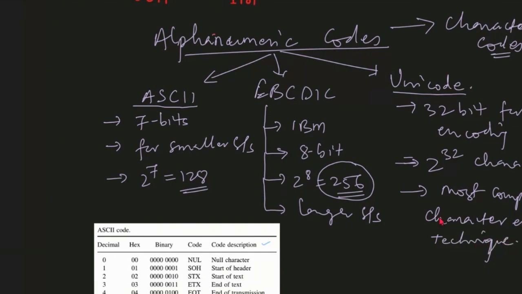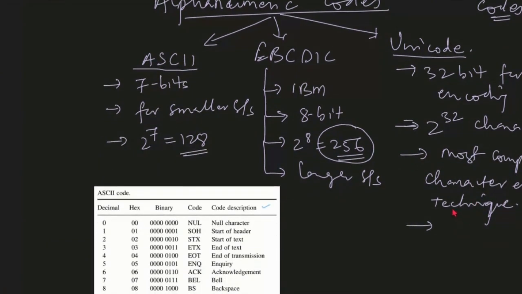Why? Because Unicode is the latest code, and different advancements and upgradations into Unicode have been done. Nowadays Unicode is considered the most complete character encoding technique because it accommodates all the characters of all possible languages.